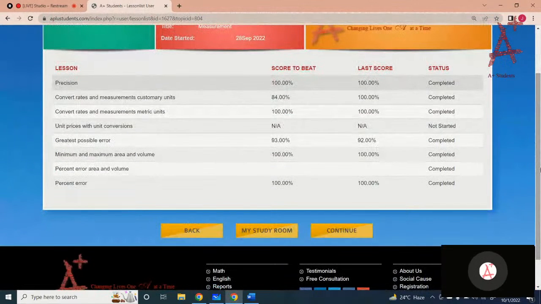But you don't have the final test for this chapter. But why? Okay, let me just send a message to the administrator so that they can check the chapter measurement, grade 9, grade 10.